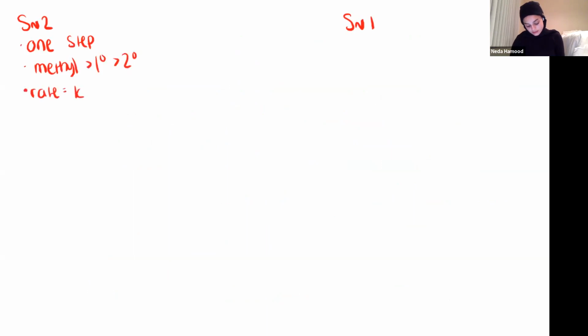So over here we have SN2, and then we're going to have our SN1 reaction. So in SN2, it happens in one step. Over here we have the order of reactivity is methyl, and then primary, and then secondary. And then over here, the rate is k, substrate, nucleophile.